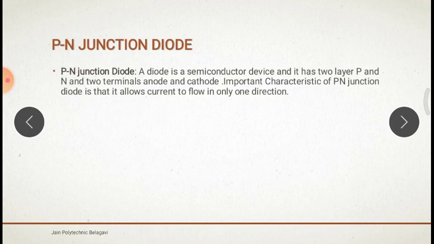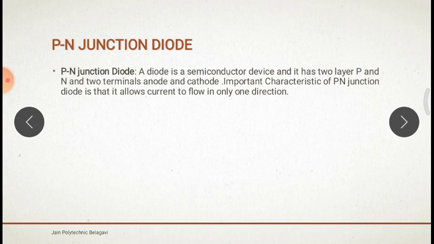In the last class, we discussed the p-type and n-type materials, the types of extrinsic semiconductor. P-type extrinsic semiconductor is formed by adding trivalent impurity, and n-type semiconductor is formed by adding pentavalent impurity. In the p-type, as we are adding trivalent impurity, holes are the majority carriers.